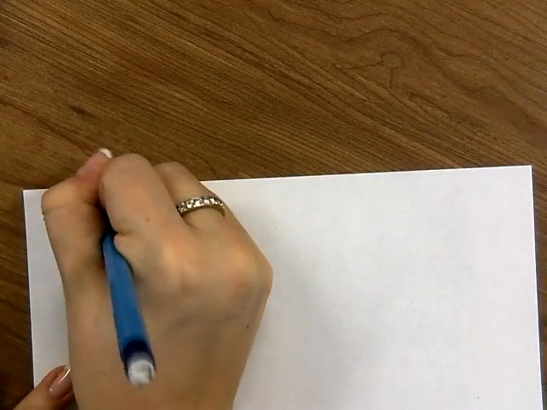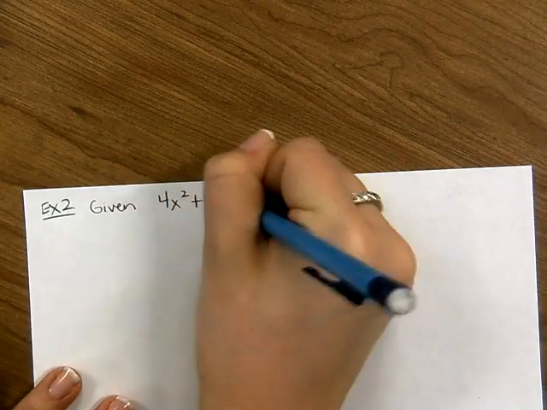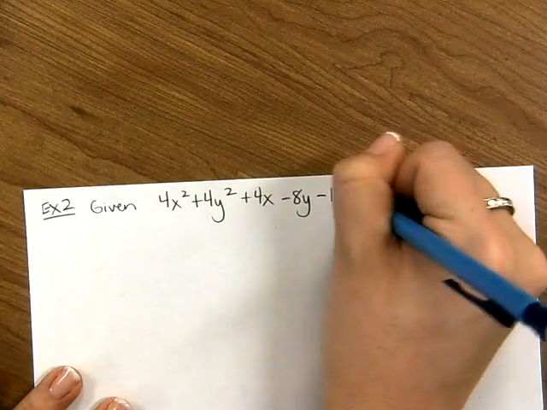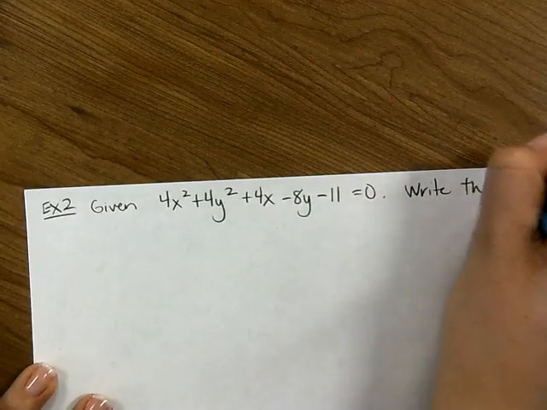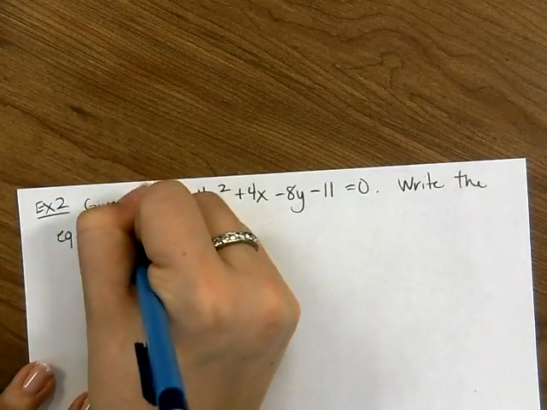All right, given 4x squared plus 4y squared plus 4x minus 8y minus 11 equals 0. Write the equation in standard form.